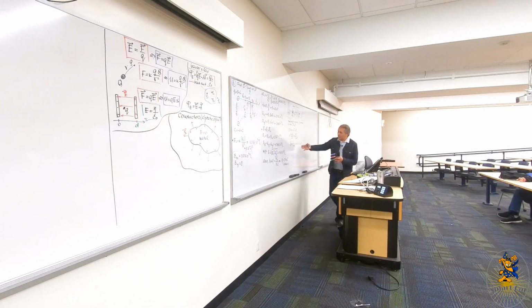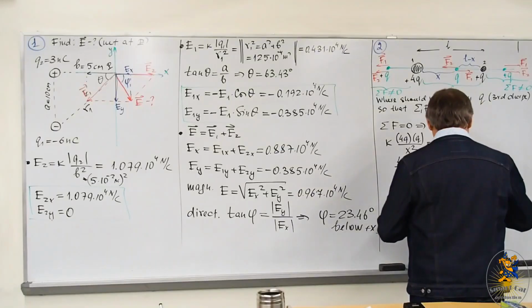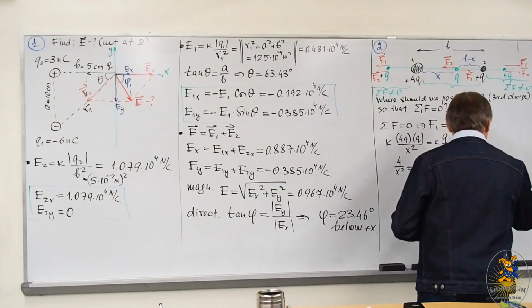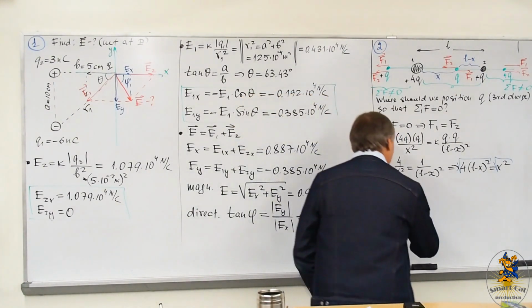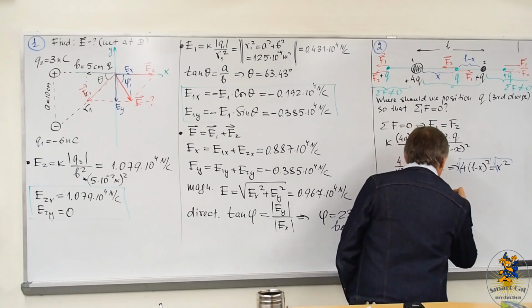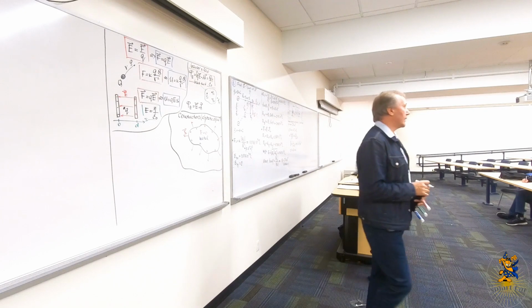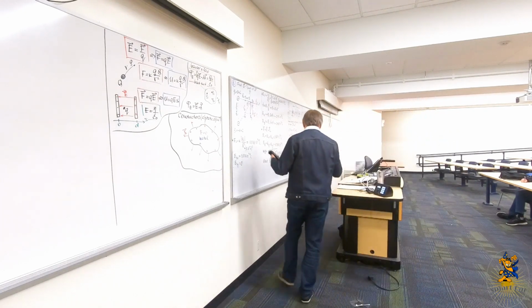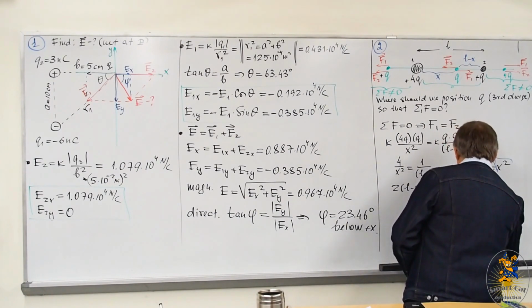Then, actually, nice numbers. If I take a square root of both sides, on purpose of course I picked those numbers, I can take a square root nicely. Square root of this side, square root of that side, and we will get 2 times (L minus x) equals x. We're nailing it almost, getting closer to the end. Right? So now let me move all x's to one side.